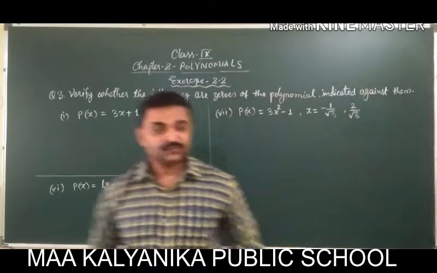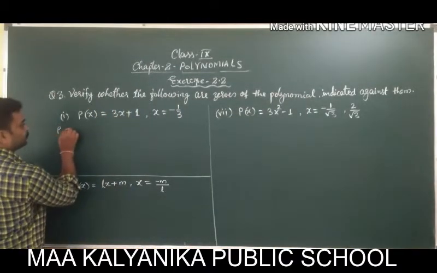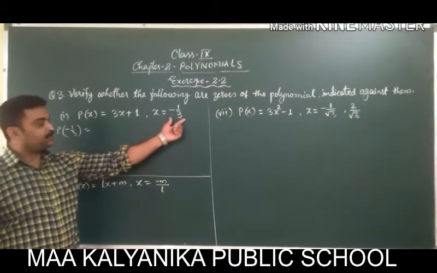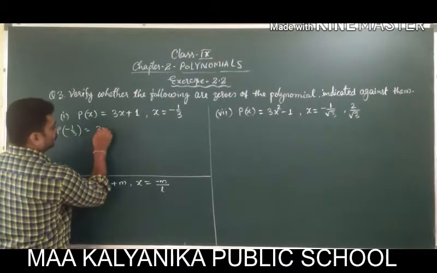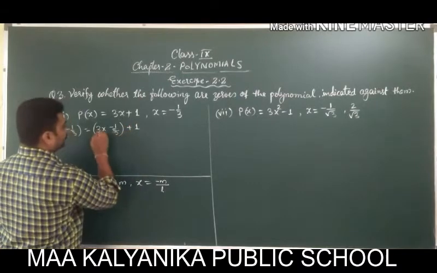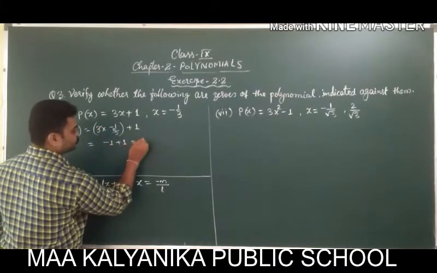Okay, so we will write p(minus 1 upon 3), that is, this minus 1 upon 3 we will put in place of x, is equal to 3 into minus 1 upon 3 plus 1. 3 cancel, here minus 1 plus 1 is equal to 0.